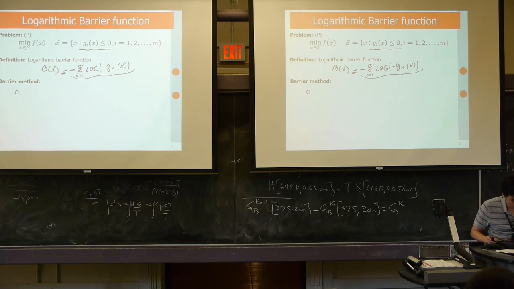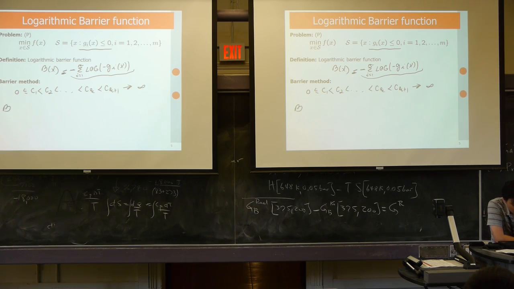Right? And the barrier method, similarly to the penalty methods, we start with some non-negative c1, and we have a c2 that's bigger than c1, and so on, c(k+1) is bigger than ck, and it's diverging to infinity.